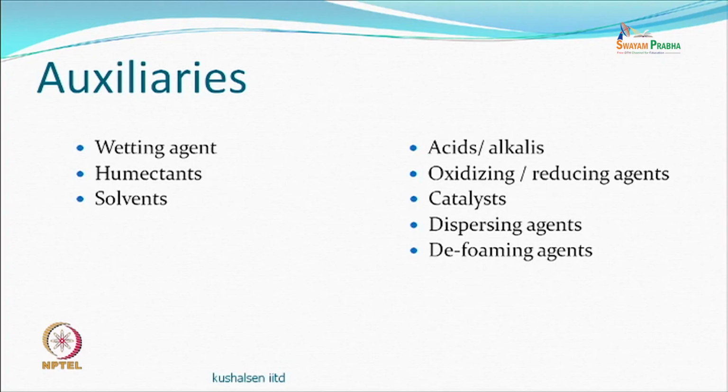Other auxiliaries would depend on what type of dye you actually want to use. For example, if the dye is an acid dye, you may require acids in the printing paste. If it is, let us say, a reactive dye, it gets fixed in alkaline medium, so you may require alkalis.